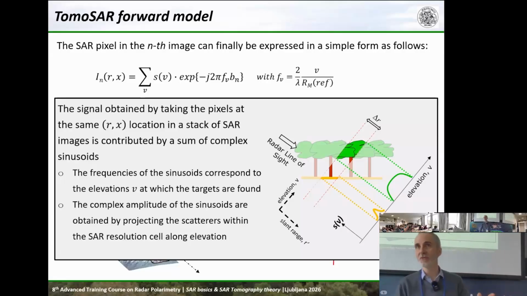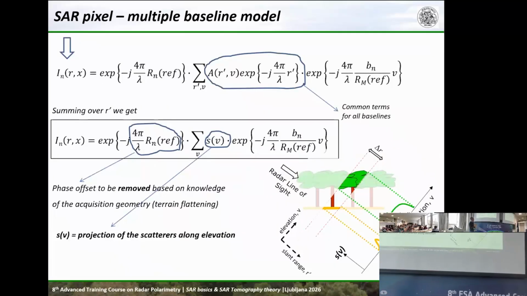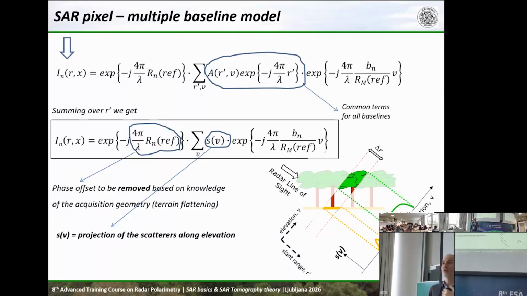So what we do at the end of the day to do tomography is that, based on this model, first we remove those phases, which we can compute because, again, we know the reference point.